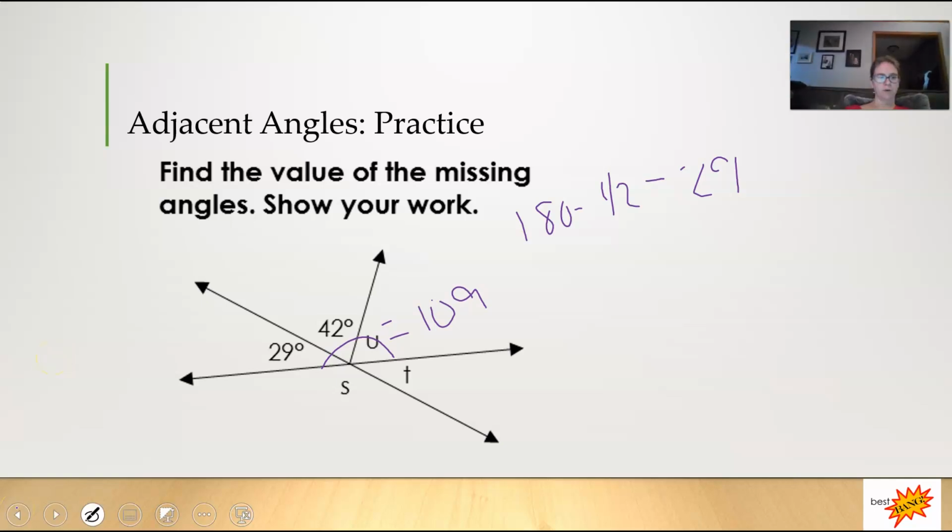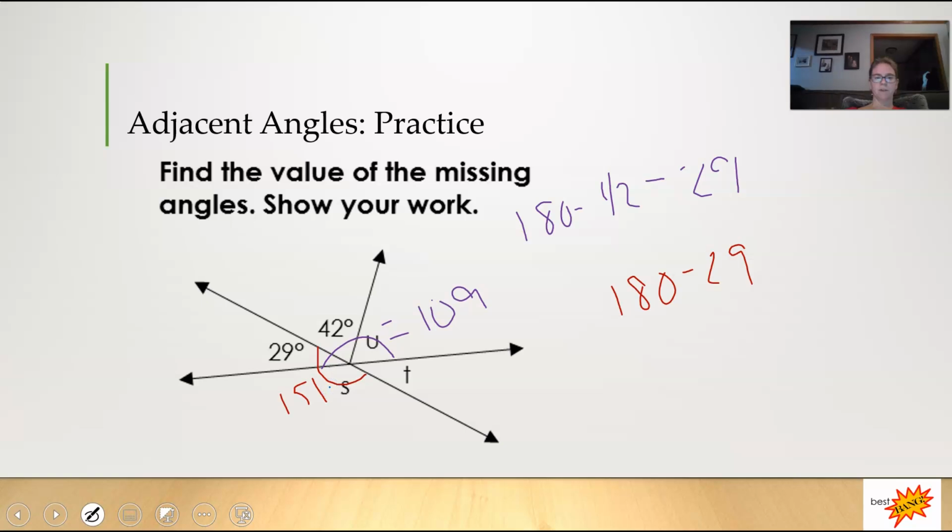Now to solve for S, I can think about this angle, which is also a supplementary or a straight angle, and I can think about 180 minus 29, and S is then going to equal 151.